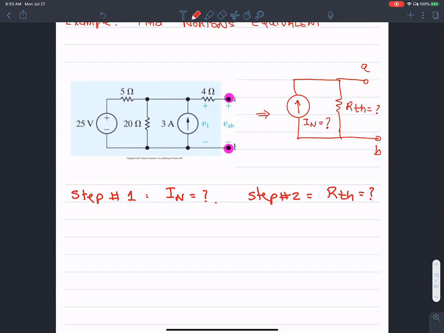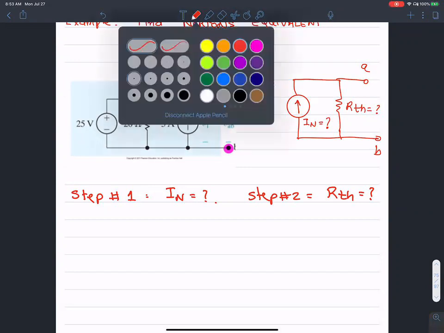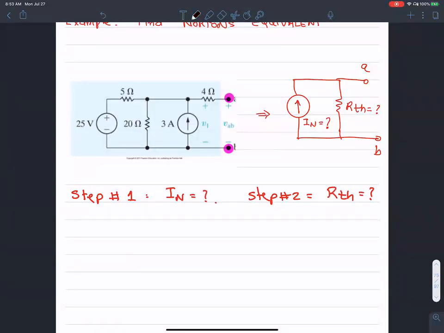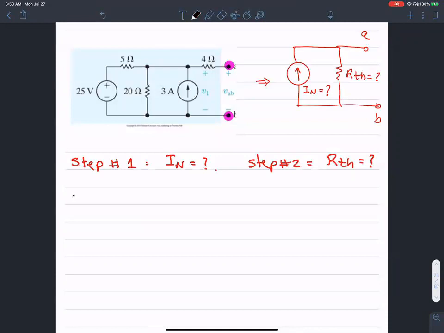That's all there is to it. So when we look at step number one, finding IN, I Norton is defined as the short circuit current between the terminals. What do I mean by that?